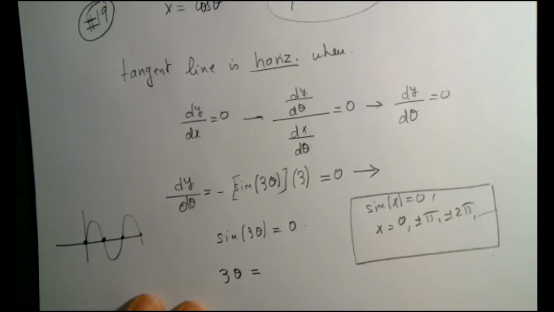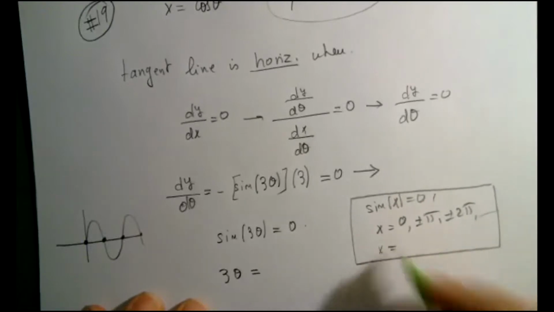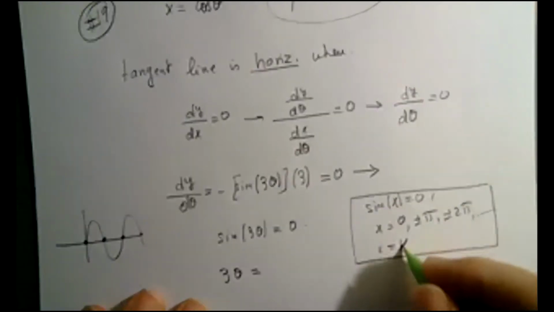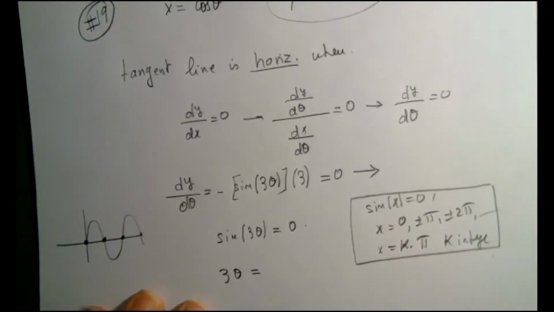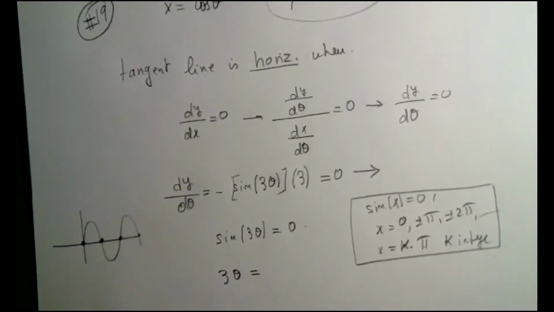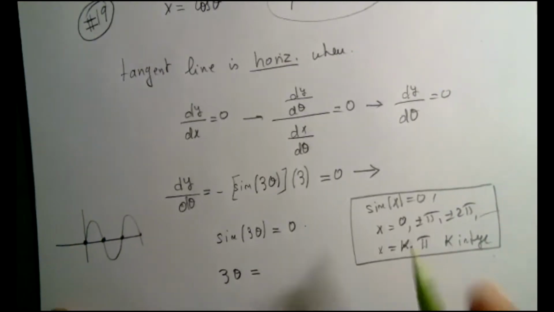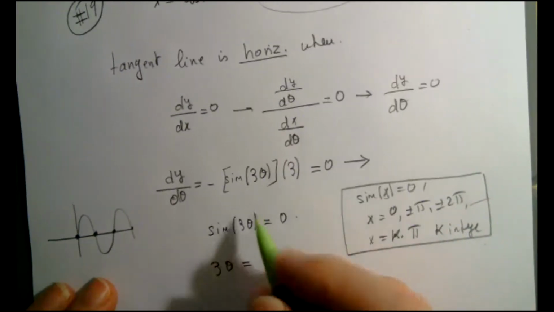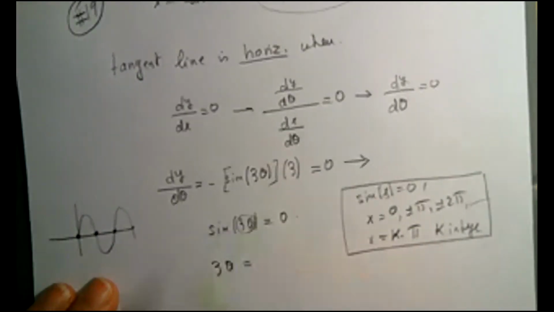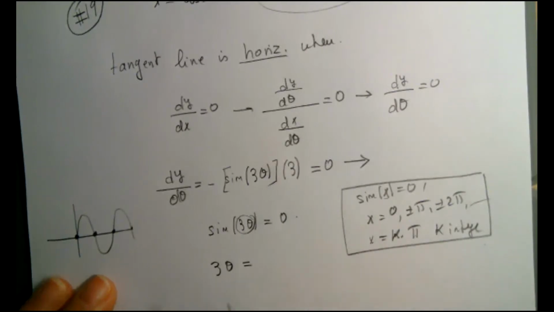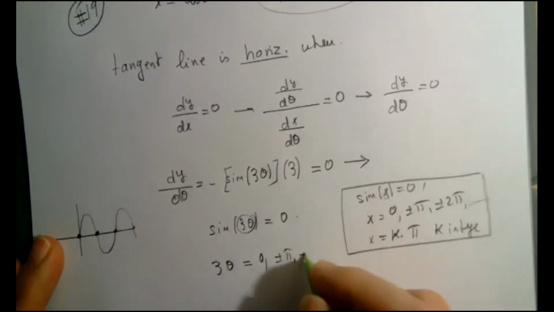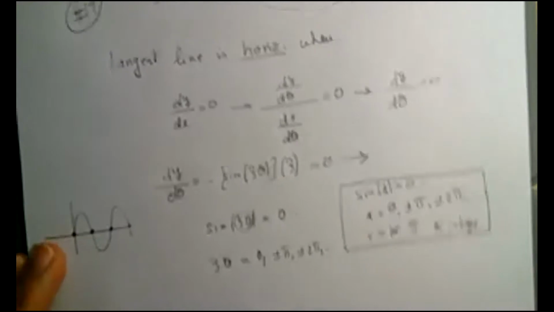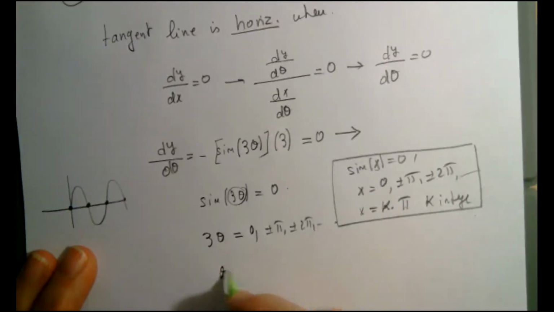In general, every time x has the value k times pi, where k is an integer, that's when the sine is equal to 0. But that's the sine of x. In this particular problem, what plays the role of x is actually the 3 theta. It means when 3 theta takes the value 0, plus or minus pi, plus or minus 2 pi, and so on. It means when theta takes which value?